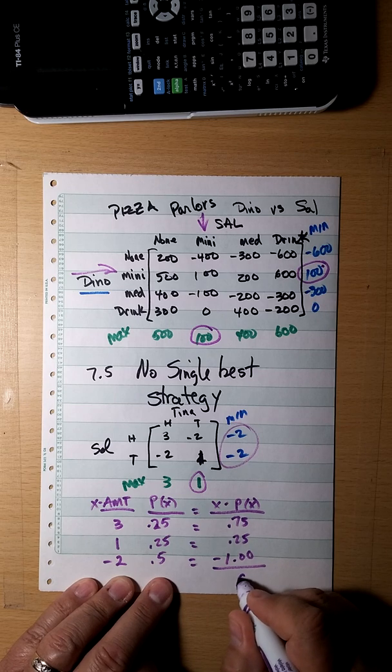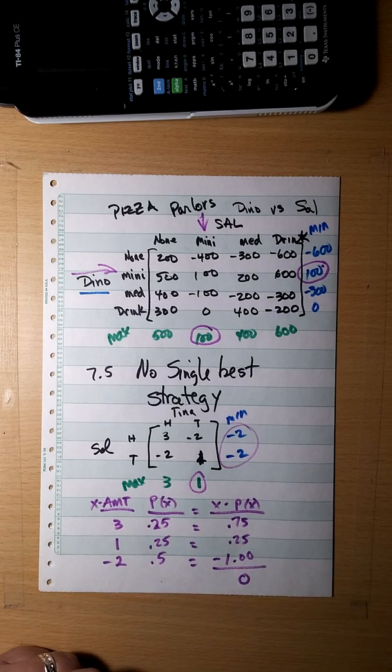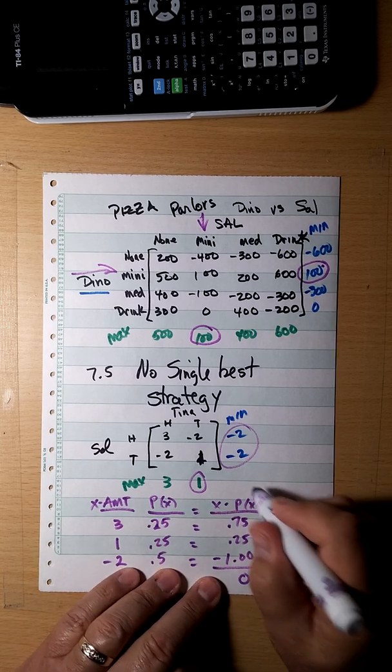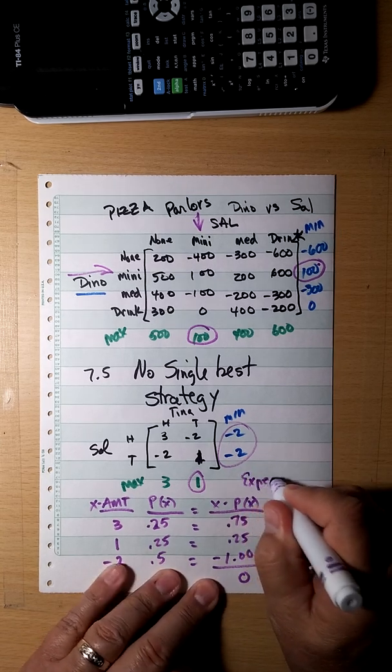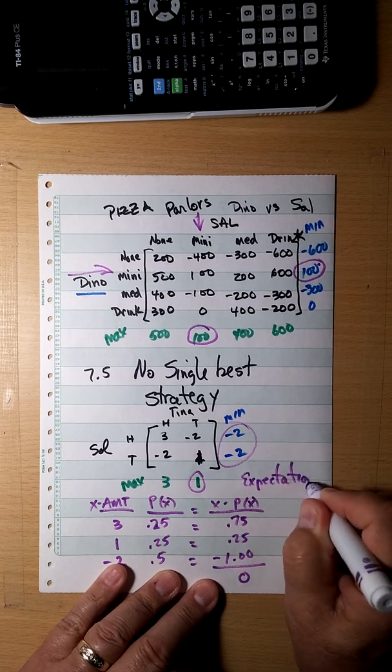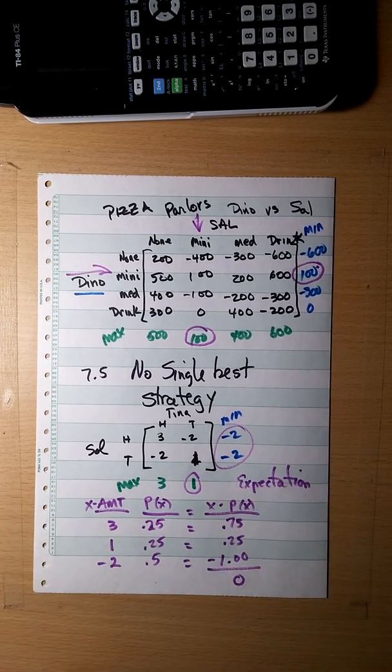Well, it comes out to 0, which is what you can expect to win. It's called the expected value, or the expectation. You have to figure out all your winnings and losings, and this would be a fair game.